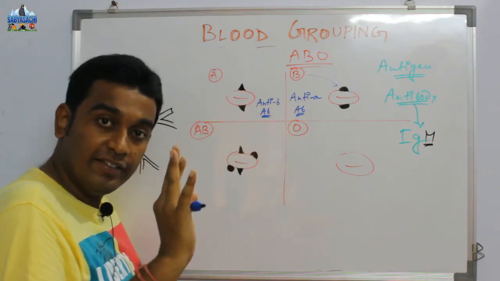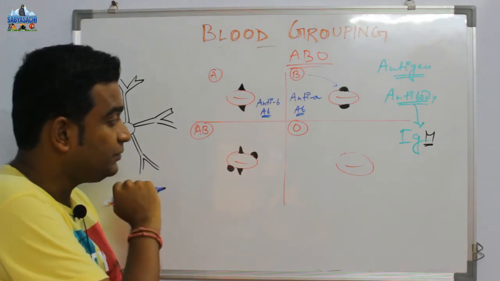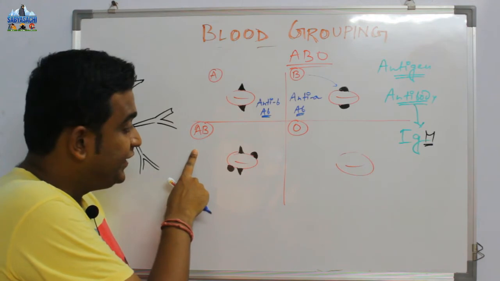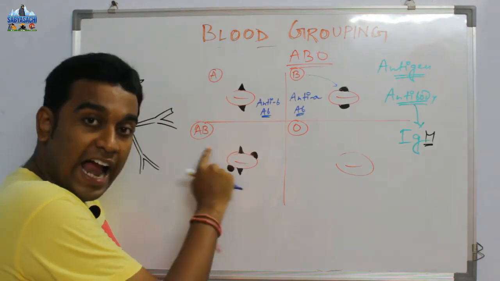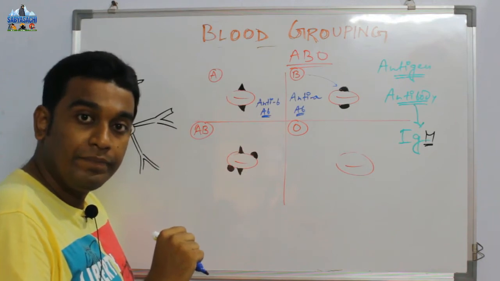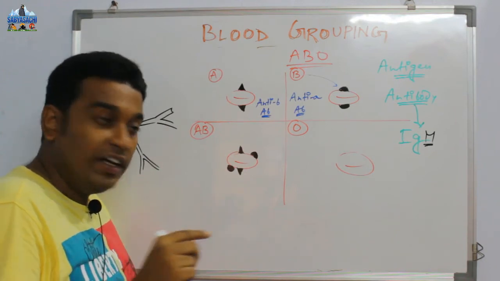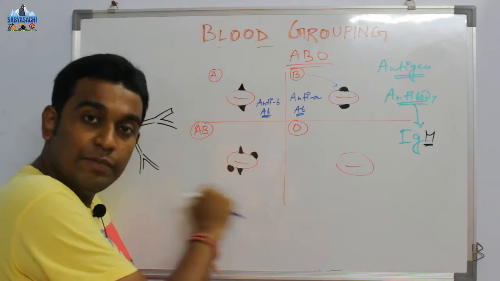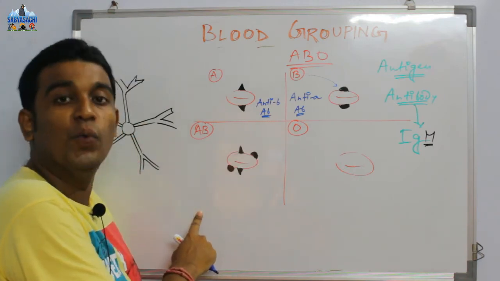I hope that makes sense. Now you see here, AB. Now this is something very interesting. AB means both the antigens are present on your red blood cell surface. So what do you think? In this scenario, are you able to keep any antibody? No. Why?